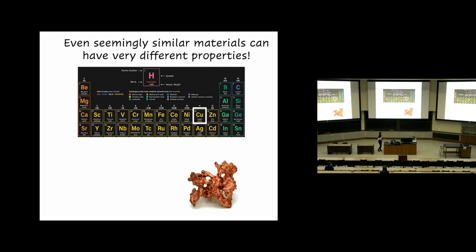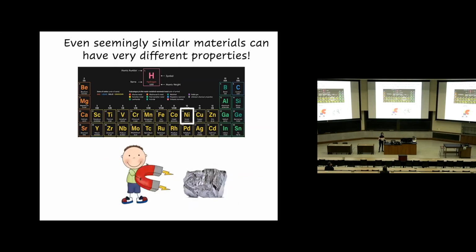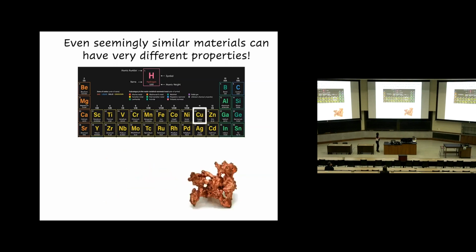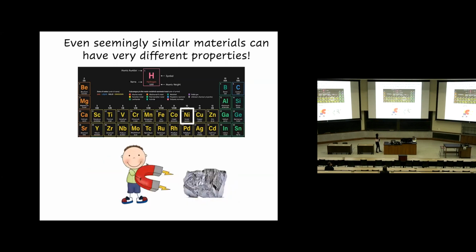But if you pull an electron, just one electron, out of one copper atom, it becomes a nickel. So this nickel, Ni here, stands for nickel. Although it's only a difference of one electron per atom, these two materials are very different because nickel is magnetic, but copper is not. So this is one example.